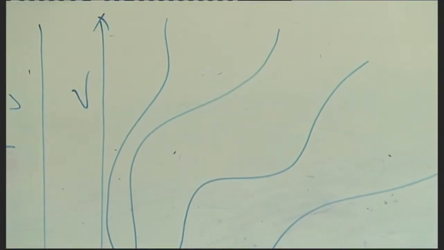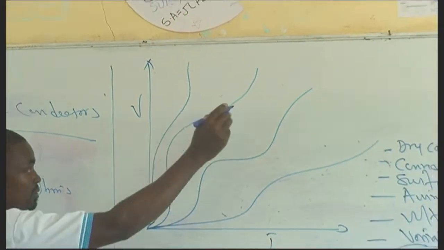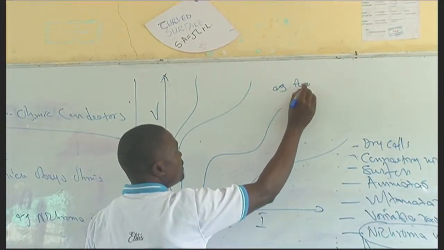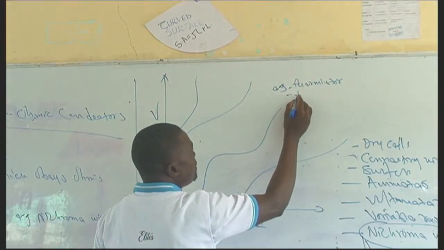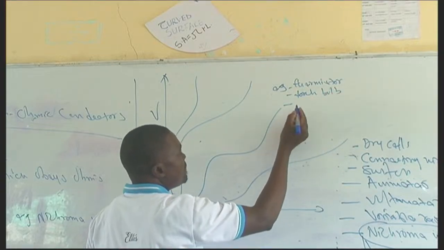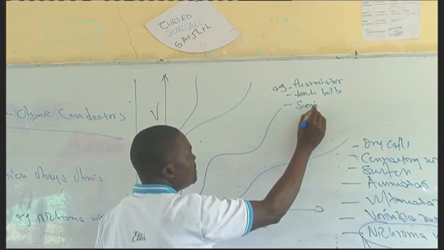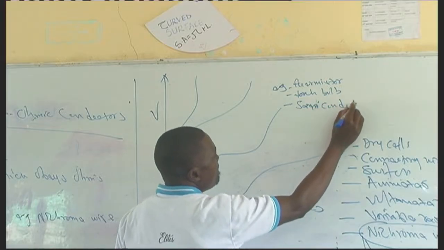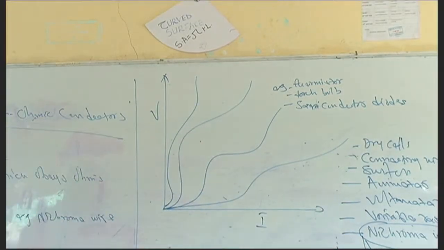Examples of non-harmonic conductors, we have what? Thermistor, torch bulbs, semiconductor diodes, and so on.